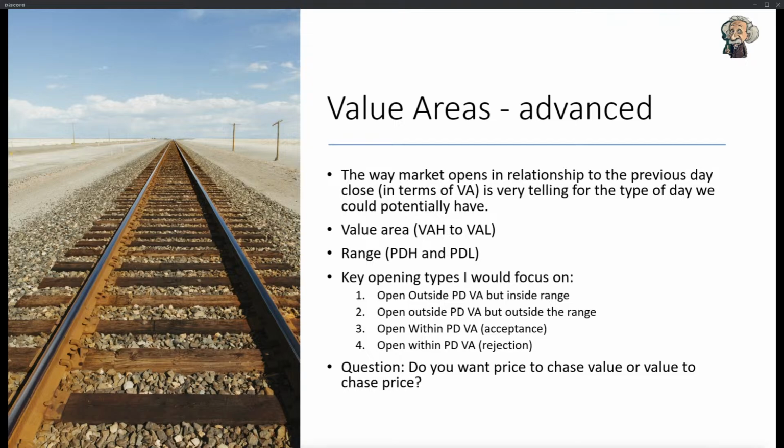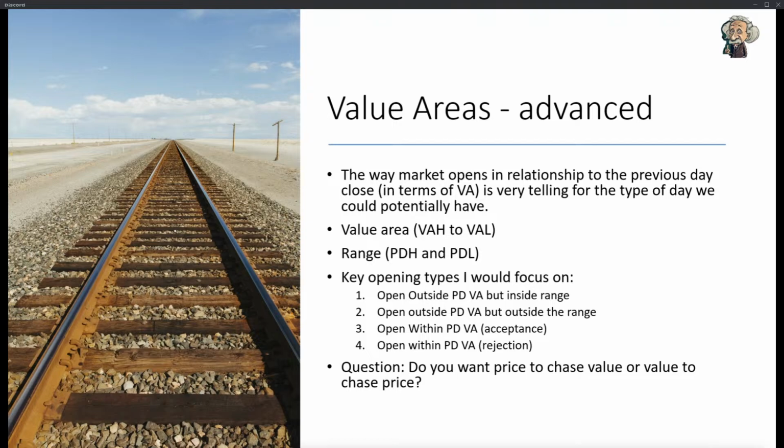Once you read the slides, hear me, and go back to your charts, your homework should be to find 10 cases of each on a chart and see how the price played out. You're going to learn about value areas, opening types, day types, and opening range types. They're all interconnected, and they work together to give you a little more probability of your trade working.